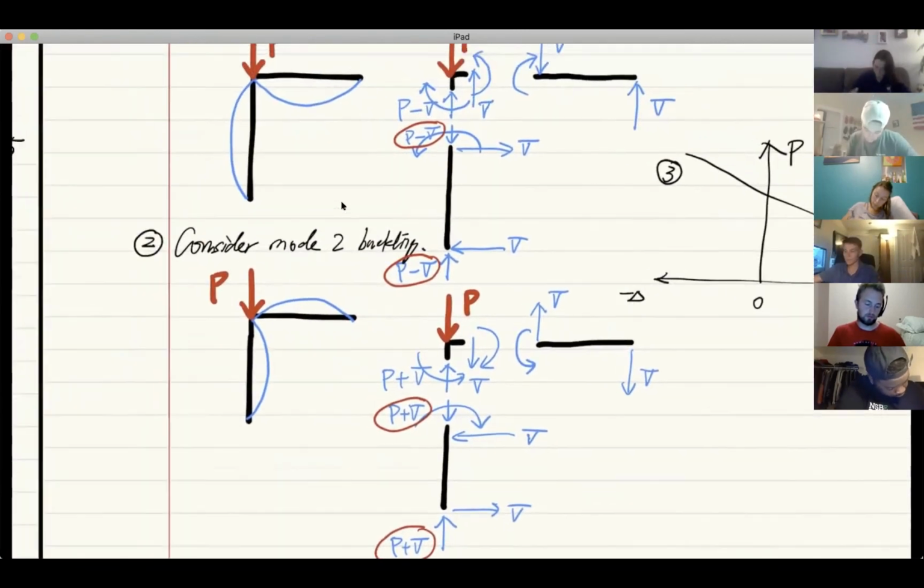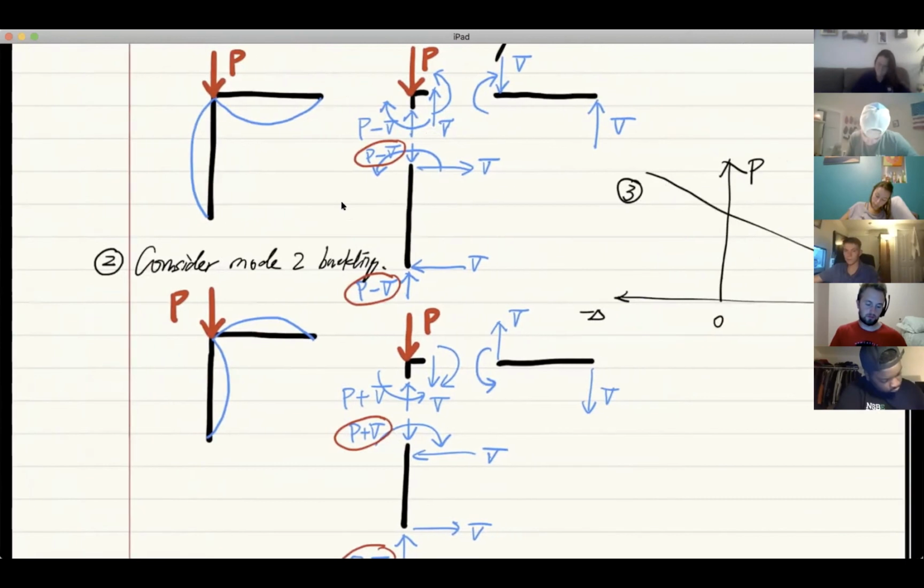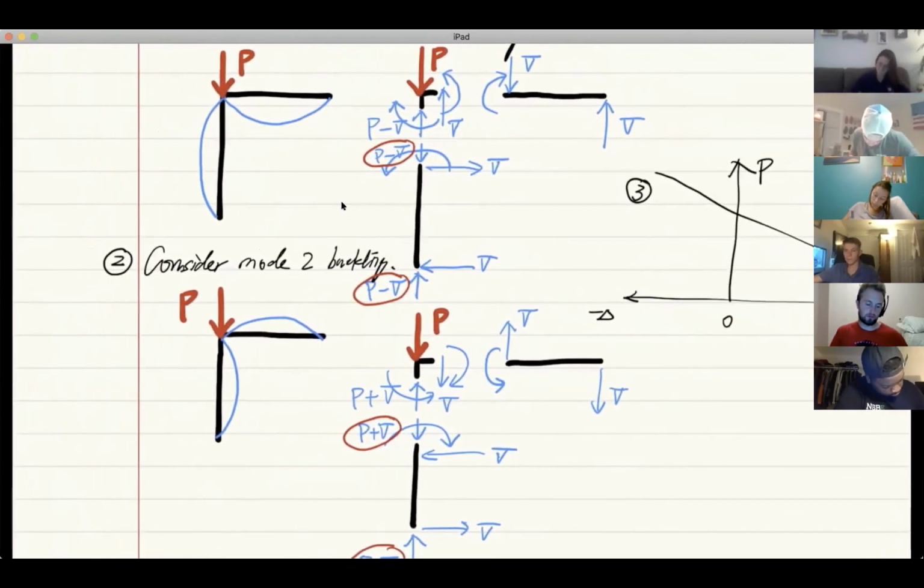Let's look at the P minus V part. Why, in the P minus V, will the curve go up, not go down? This is the important conceptual question. Why is that?